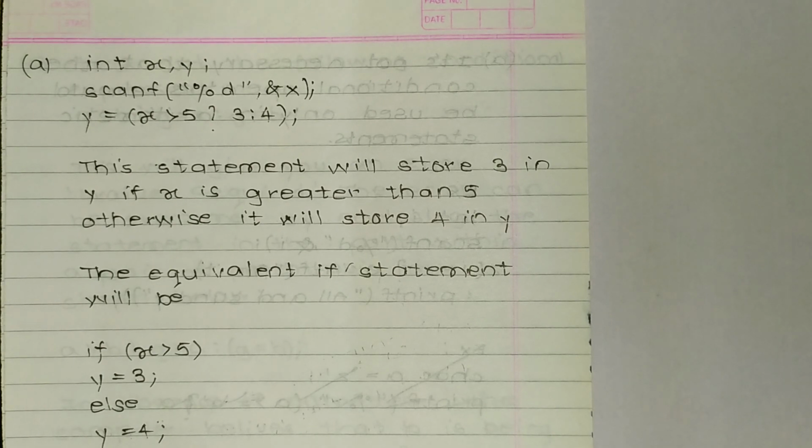So this statement will store 3 in y if x is greater than 5. Otherwise it will store 4 in y. So if x is less than 5, it will store 4 in y, or if x is greater than 5, it will store 3 in y.